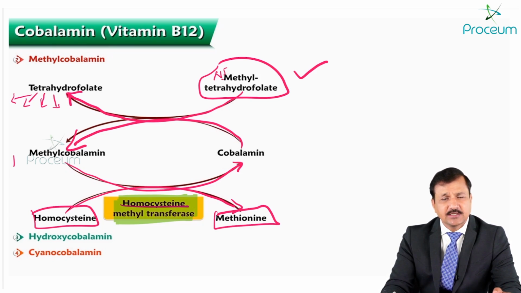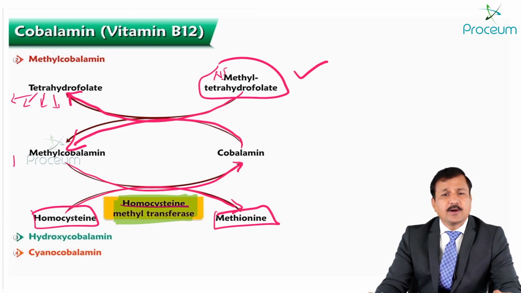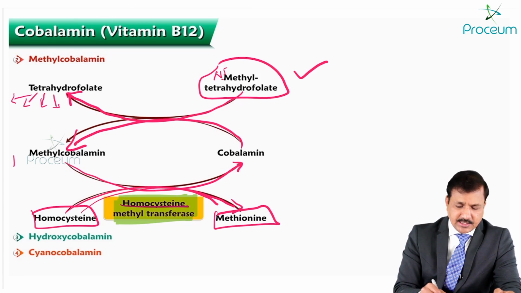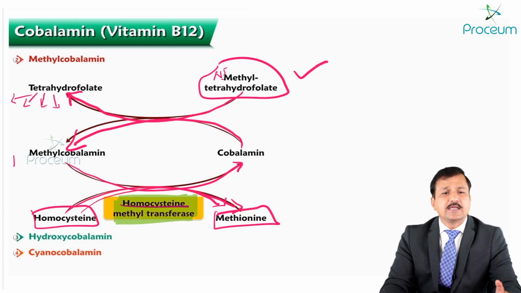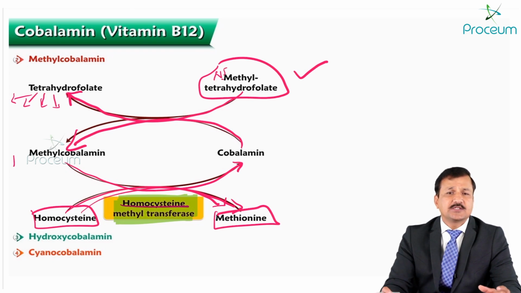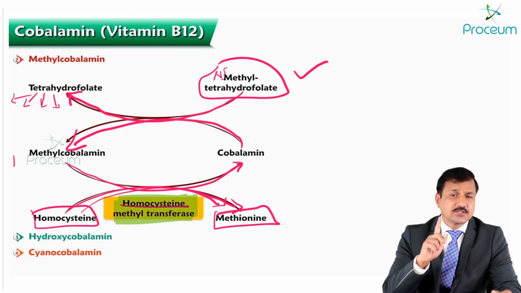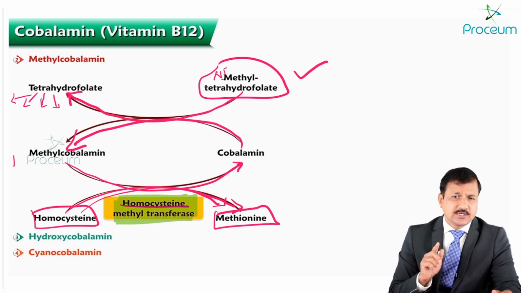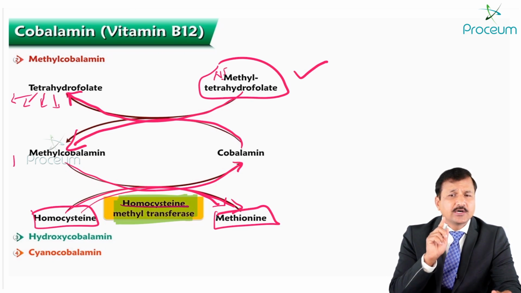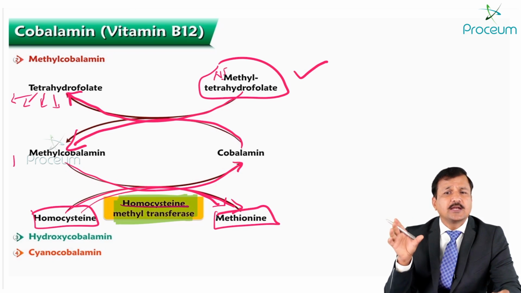So, while this reaction is going on, methylcobalamin is converted into cobalamin, thereby converting homocysteine into methionine. The conversion of homocysteine into methionine is done by methionine synthase, and that needs methylcobalamin. This is the second function of cobalamin in our body. The first function of cobalamin is the conversion of methylmalonyl-CoA into succinyl-CoA, with deoxyadenosylcobalamin as the coenzyme for methylmalonyl-CoA mutase.